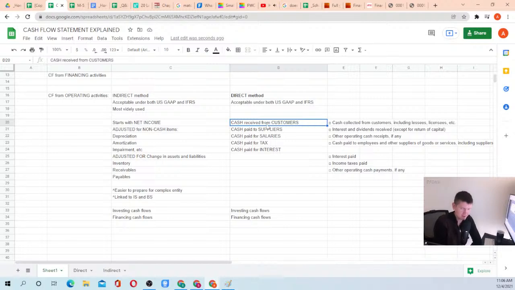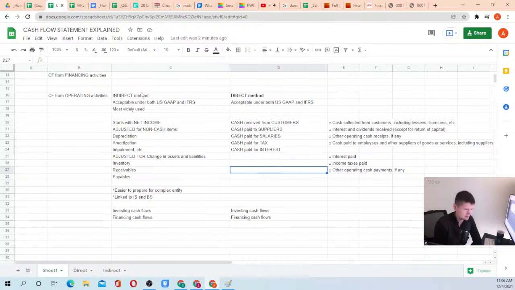Or, for example, if your company is a consolidated company of many different subsidiaries with many different systems, and you only get basic information from them, only their balance sheets and income statements, and consolidate it into your system, then you will not have access to the information to prepare a direct method of cash flows.